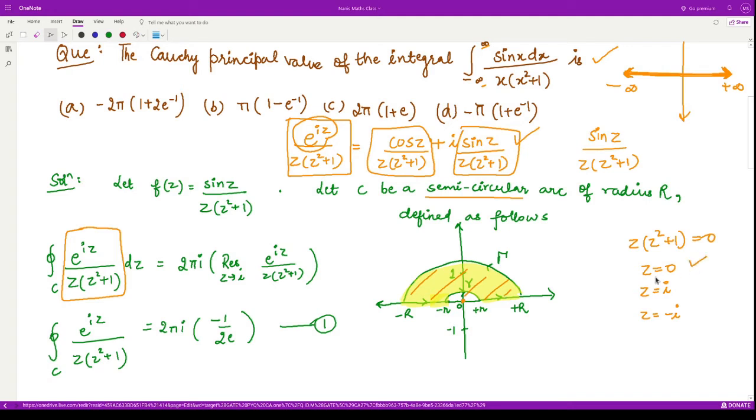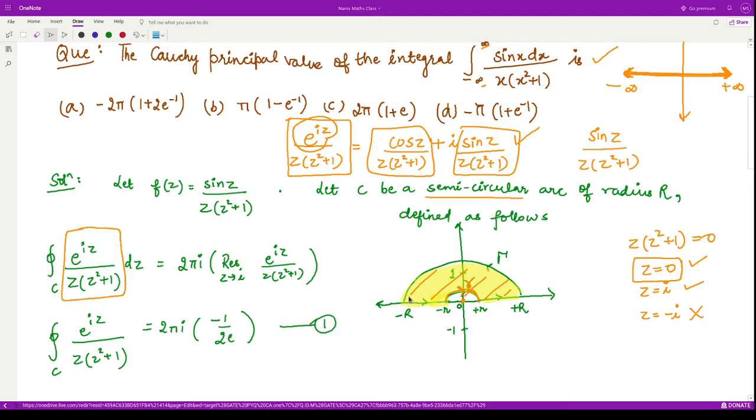So this point is present in the region, and this one is also present in the region, but this singularity is not present in the region. Why? Because it lies in the lower y plane. What we can do about this singularity is indent our circle by drawing this curve from minus small r to small r and naming it small gamma.